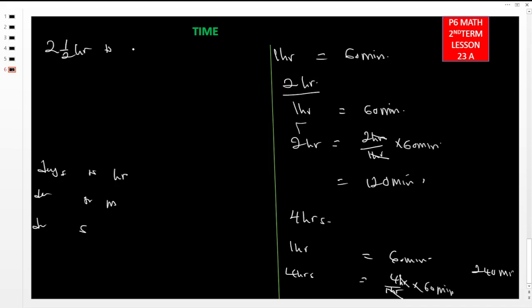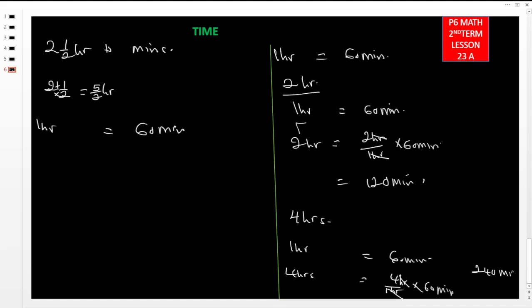If we are given to convert 2.5 hours to minutes, what is the first step? We convert this into an improper fraction: 2 times 2, 4, plus this one, 5 out of 2 hours. Our leading statement, 1 hour is equal to 60 minutes. Then how about 5 out of 2 hours?